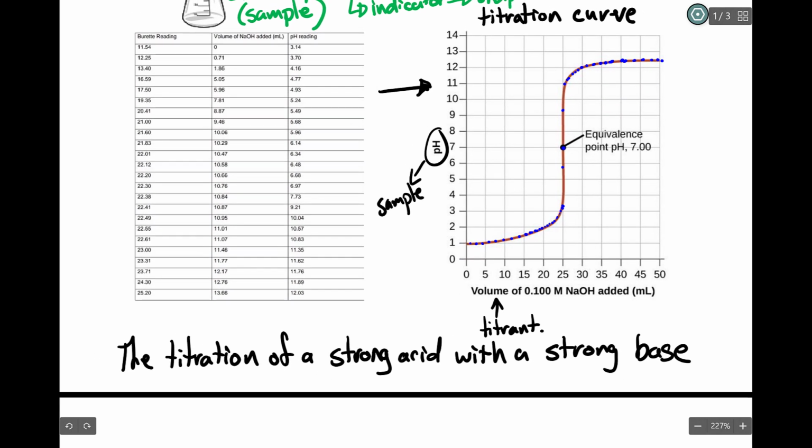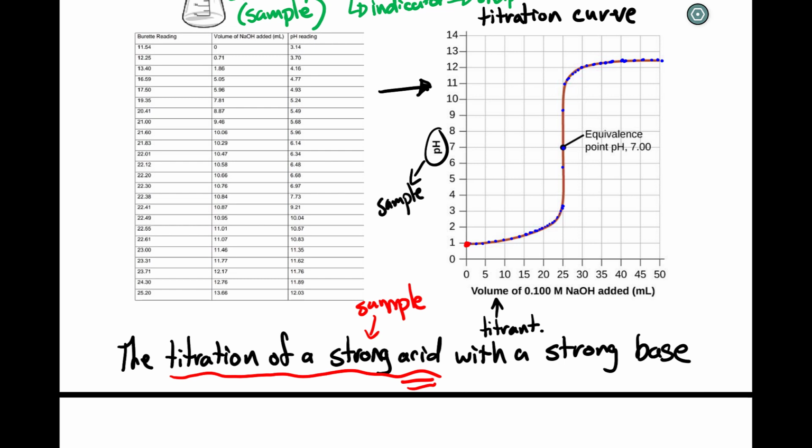First of all, whatever is being titrated, okay, so it says the titration of, this thing is the sample. Okay, and when I look at my graph, it starts at a pH of 1, which is telling me my sample is acidic. The fact that I'm below 7 on my sample means my sample is an acid.